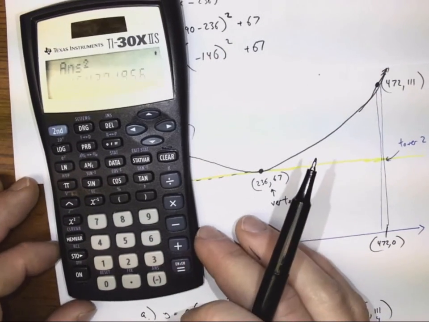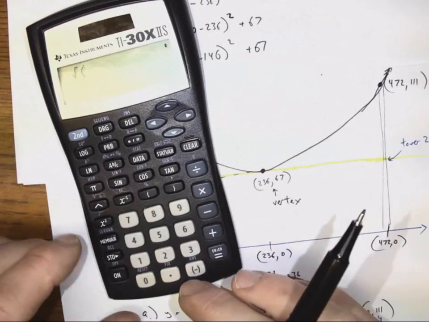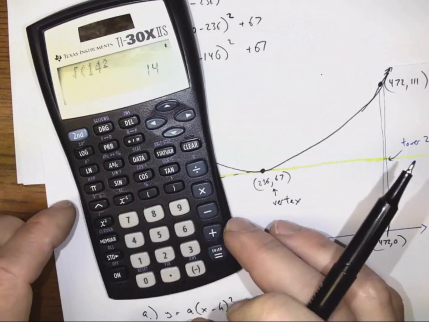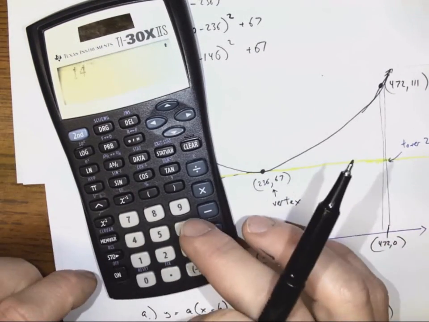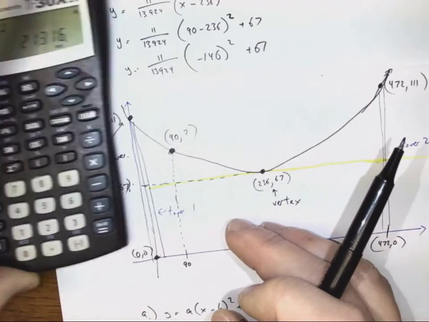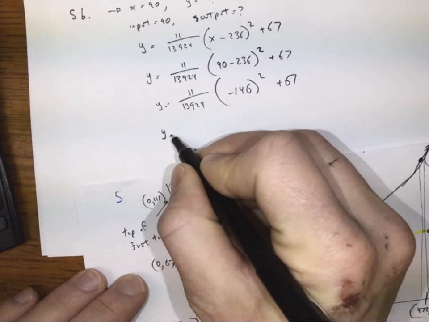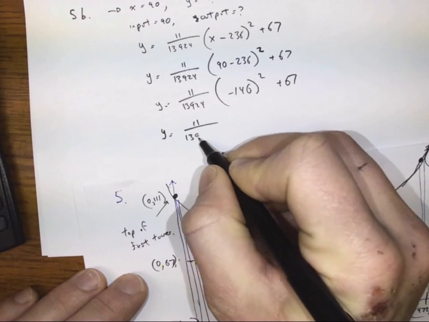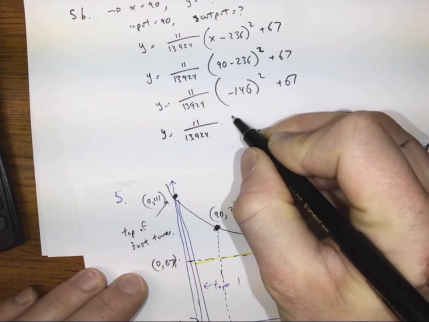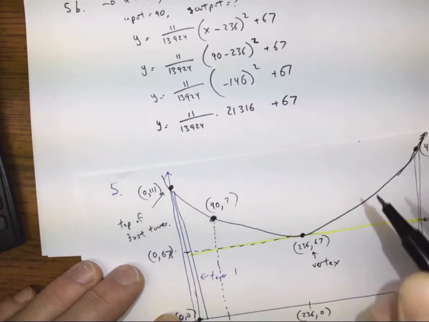Oops, I squared it twice, so I'm just going to undo that. All right, I'll try it again. 146 squared is 21,316. So y is equal to 11 over 13,924 times 21,316, and then we're going to add 67 to that.